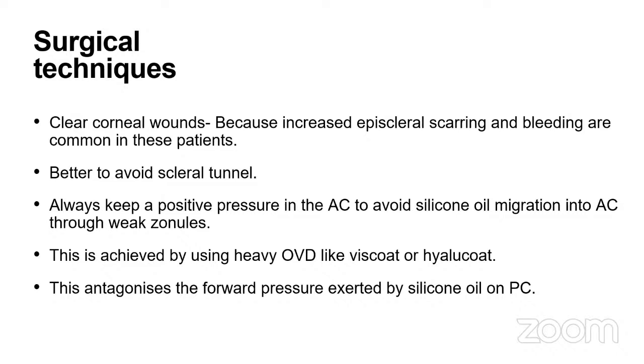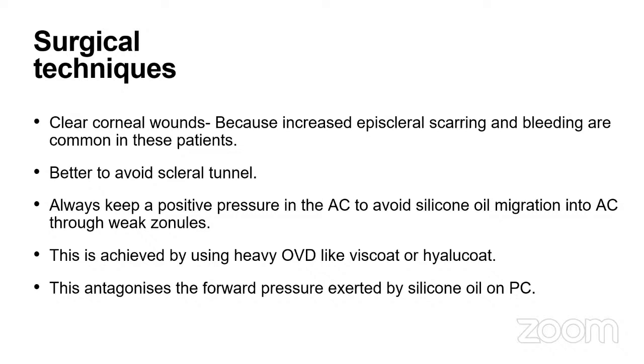And the main goal is always to keep positive pressure in the anterior chamber to avoid silicone oil migration into the AC through weak zonules. The chances of silicone oil migration are high because of its property. It will always float in the vitreous, and it will always give positive pressure to the posterior capsule. So AC collapse is very common, and migration of silicone oil can occur due to posterior capsular rupture, which might have occurred even during the retinal surgery itself, or else at least there will be high chances of weak zonules.